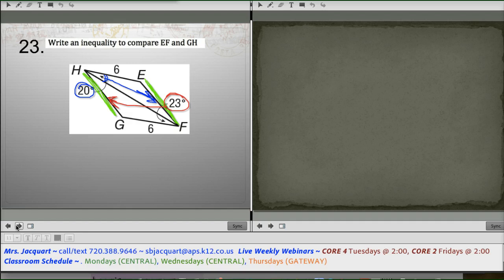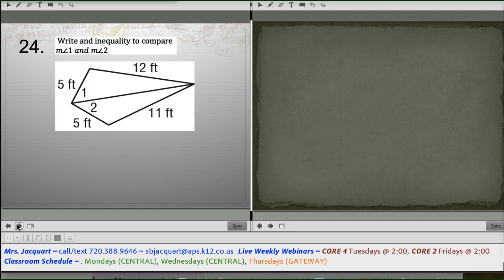So it must be that 23 is greater than 20. We know that, right? And so HG is greater than EF. You can also write this as EF is less than HG. That's a cool way to write it too.